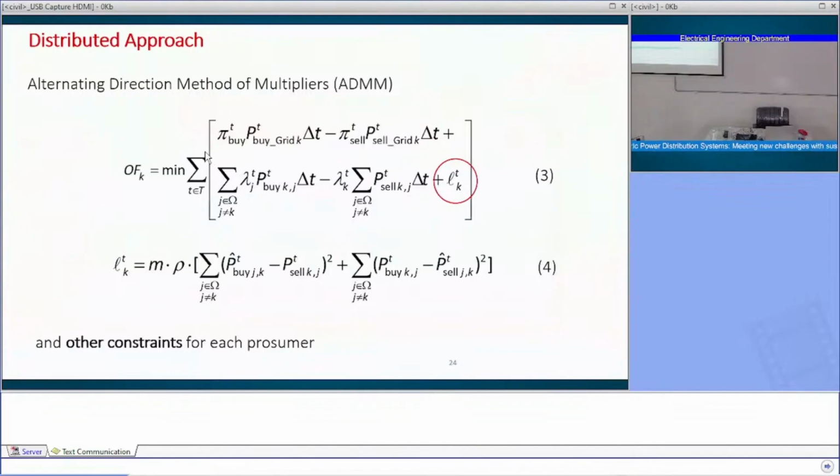So at each iteration, this takes into account the mismatch, and the greater the mismatch, the more it is penalized by this coefficient here. So at the end, we obtain the results in which, since it is a minimization, this L will be 0.